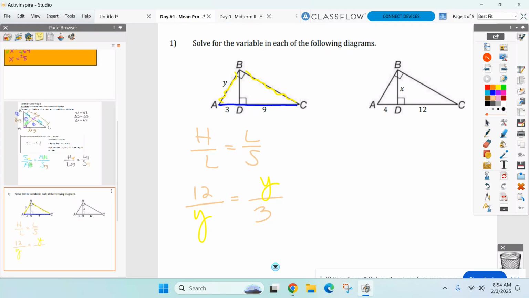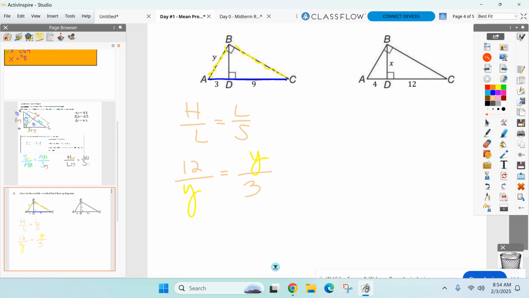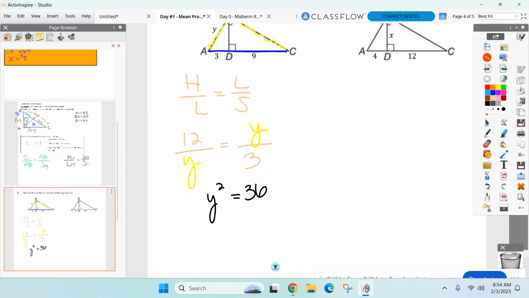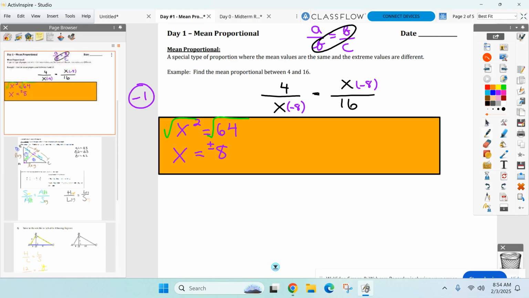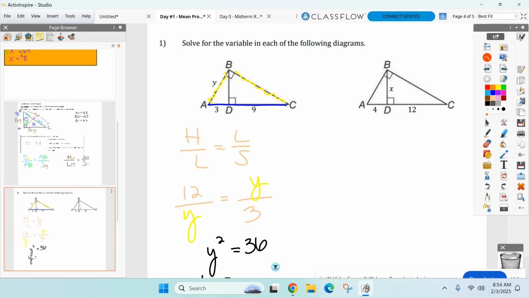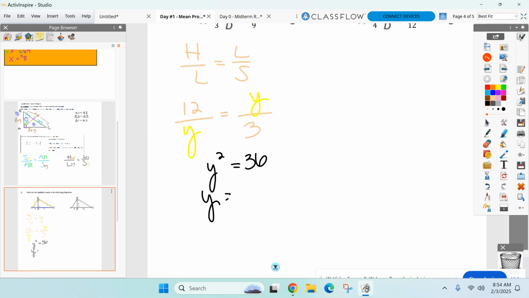There's your proportion that matches up the corresponding sides. So cross multiply, you get Y squared. Cross multiply the extremes, you get 36. All right, now tell me why I don't want to go wrong here. I made a big deal earlier about, hey, you've got to do plus or minus at the end, right? Well, not here. I don't want to do plus or minus here. Why not? Why am I not wanting to do plus or minus on this one?